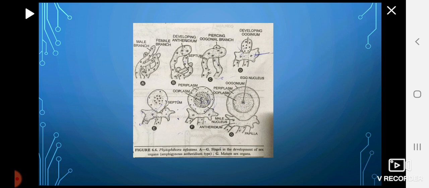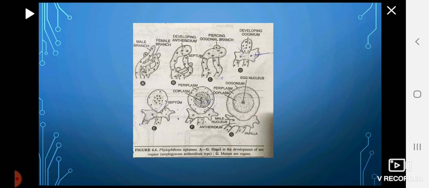So you can see here the developing oogonium, it becomes globular in shape. And you can see here in the oogonium, the cytoplasm is differentiated into two: nucleated dense central ooplasm and vacuolated peripheral periplasm.